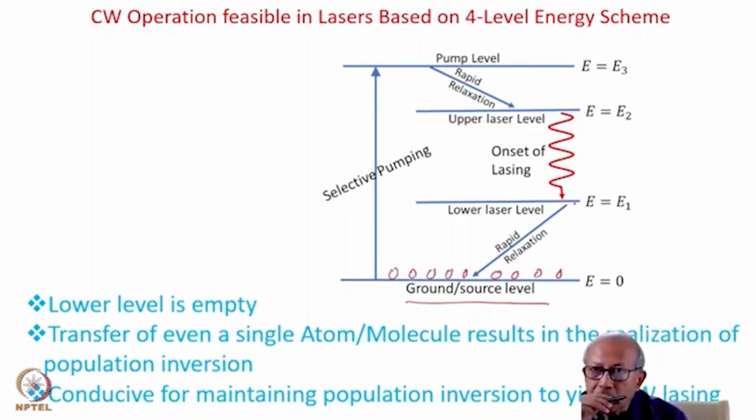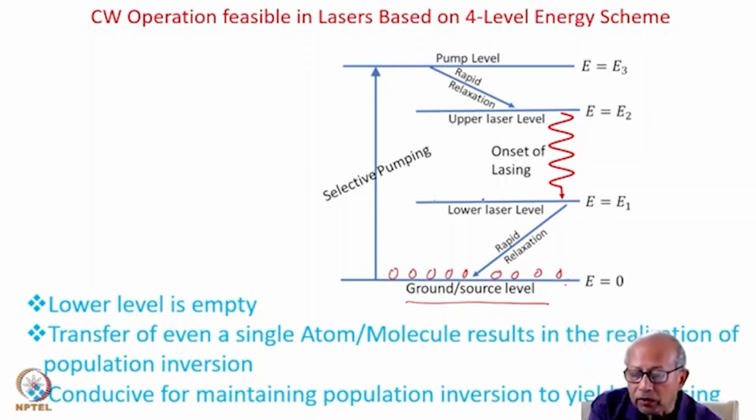And the lower laser level is now separated from the source level. The gap of energy is so chosen, that is, we would choose the medium with such an energy level configuration that the lower energy level is separated from the source level by enough gap in energy, so that if you plug in these values in the Boltzmann distribution, you will see that the thermal population to begin with in the lower energy level is almost zero.